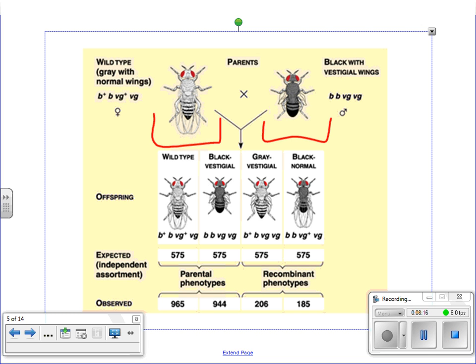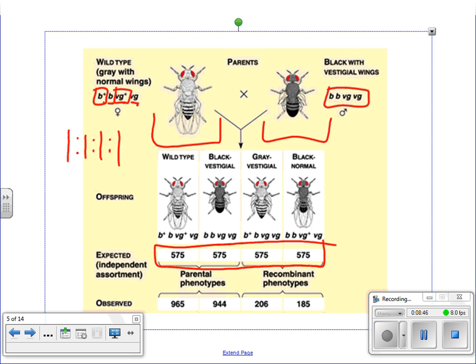And when they mated those together, since the trait is wild type mated with all mutant, they would have expected a 1:1:1:1 ratio. So you'd have an equal amount of offspring for each of the 4 categories. That is represented by these numbers down here.